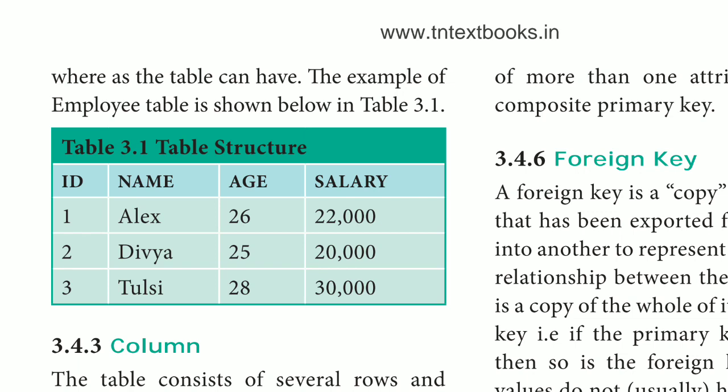A relationship cannot have duplicate rows. Here you can see that in the database, two same rows cannot be present. If the same row is present in the same table, it will be considered a duplicate row, and it is a very inefficient way to store data.